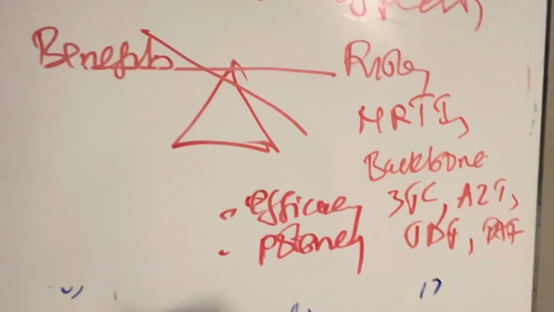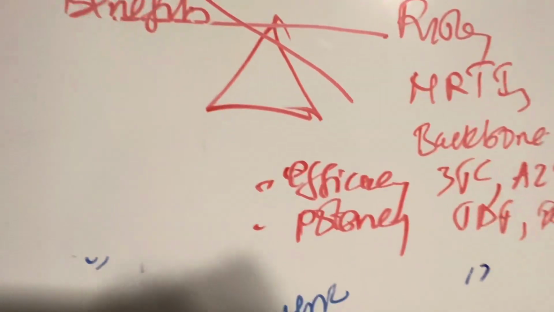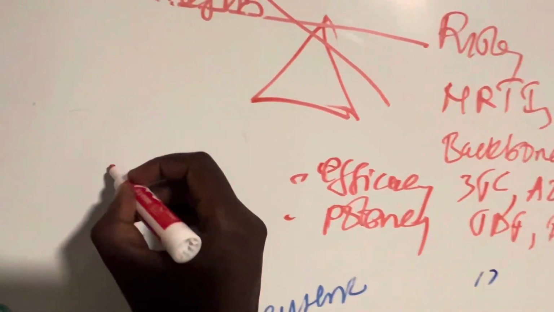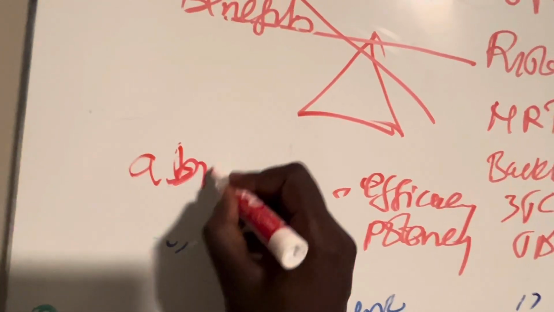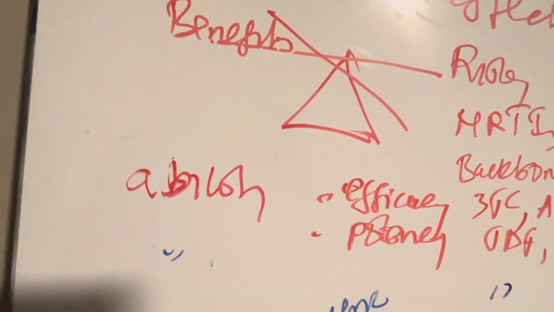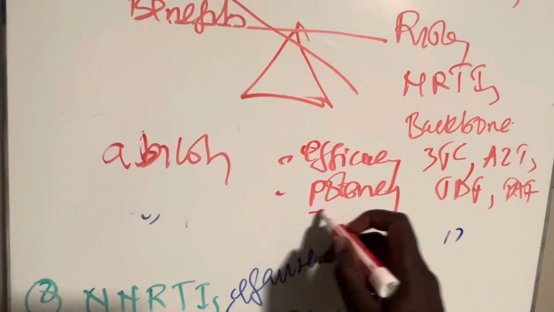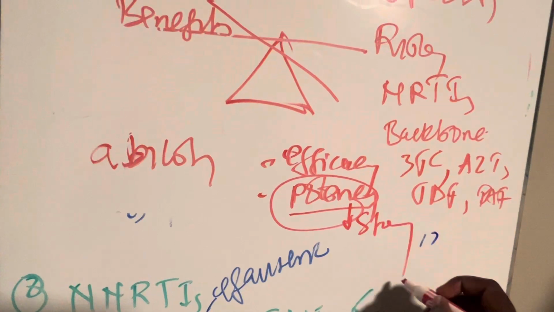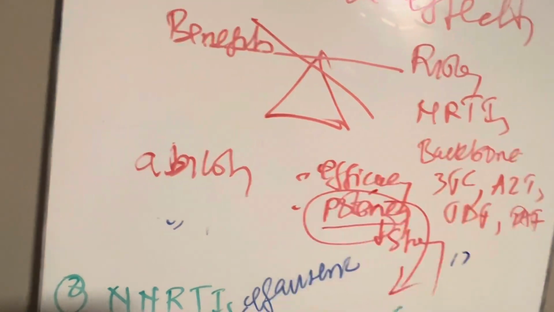Efficacy is basically the ability of the drug to produce the intended purpose, and then we also have potency. It deals with the strength of the drug, but in pharmacology it deals with the dose. So I won't go much into details.